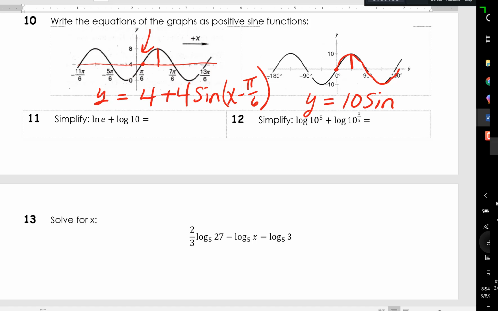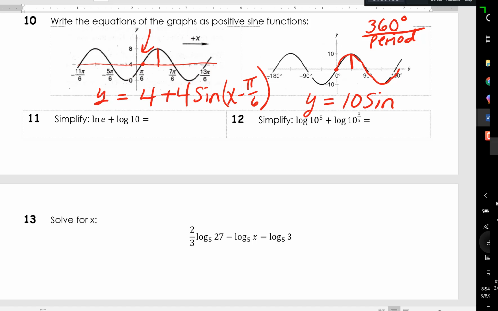All right, so remember to figure out what coefficient you're going to put on theta, it's 360 over the period, because that coefficient that you put on theta is going to be how many times the cycle completes itself within 360 degrees.